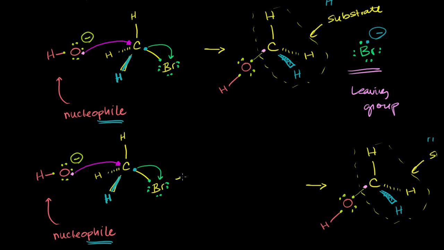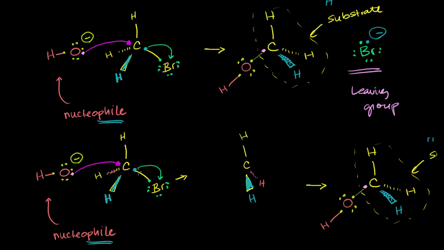for a small amount of time, you have this transition state where the carbon is going to have a partial bond. So it has this hydrogen in blue sticking out, and then it has another hydrogen behind it. I'll draw it right behind it.